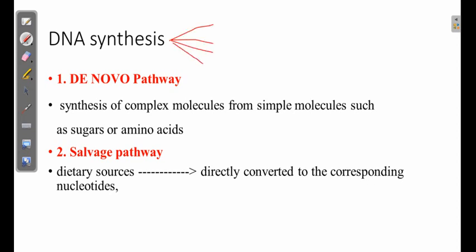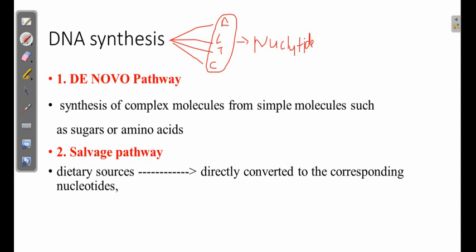It's deoxyribonucleic acid: sugar, phosphate, and four nitrogen bases: adenine, guanine, thymine, and cytosine. So when we say we need to synthesize DNA, we basically need to synthesize these four nitrogen bases along with the sugar and phosphate, an assembly called a nucleotide, right? So we require nucleotides.